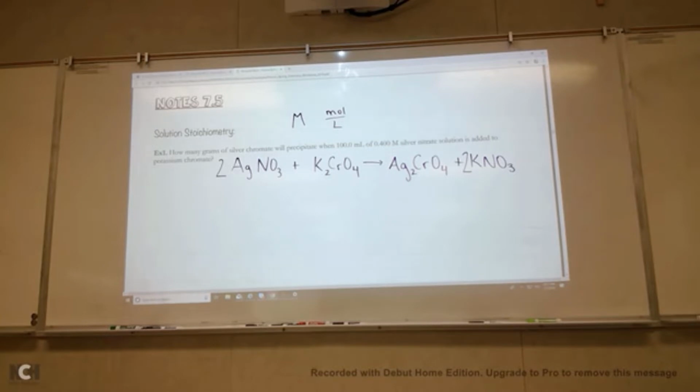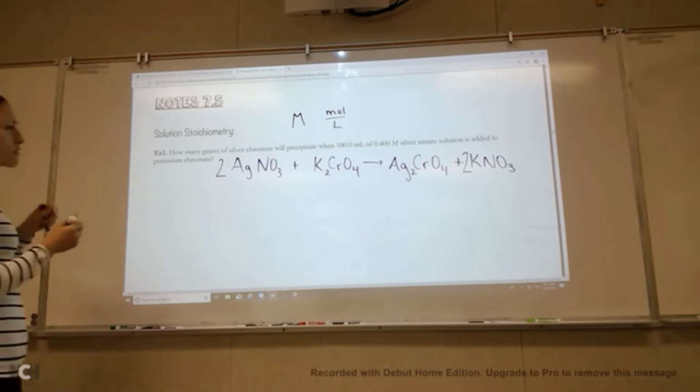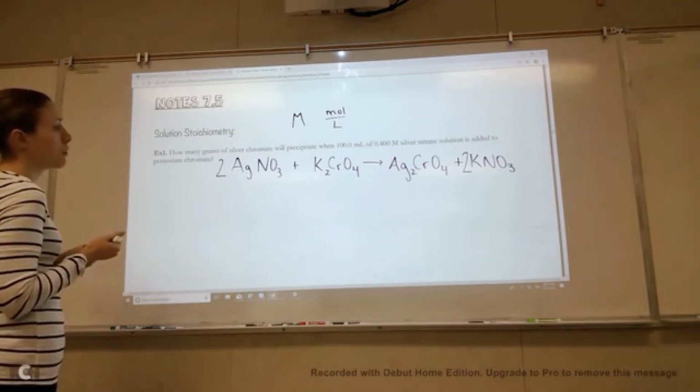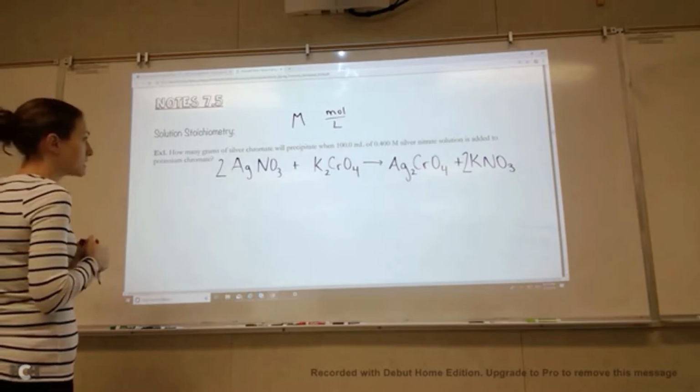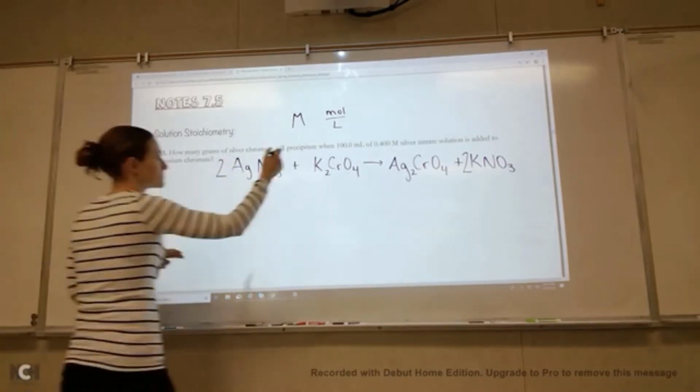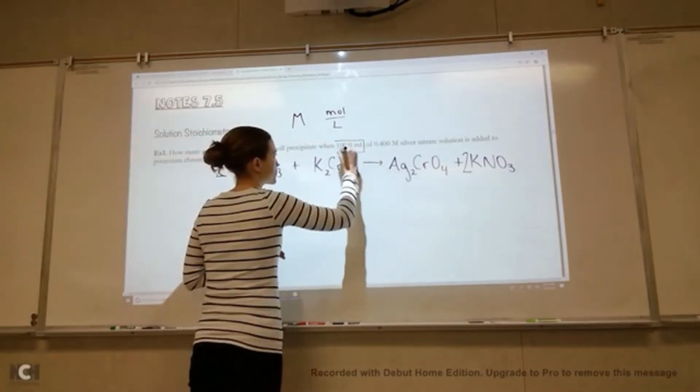So I am given, if I look at this problem, when I read it again, how many grams of silver chromate, that's what I'm solving for, will precipitate when 100 milliliters of 0.400 molar silver nitrate is added to the potassium chromate. So my given in this problem is actually the 100 milliliters.